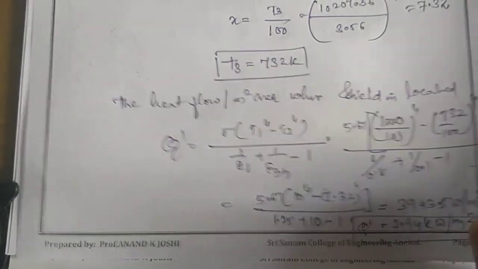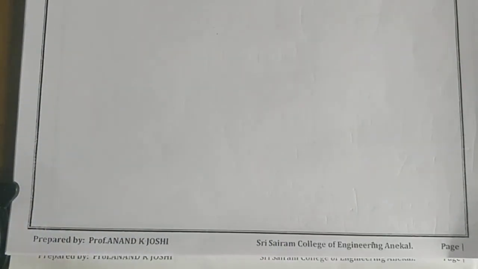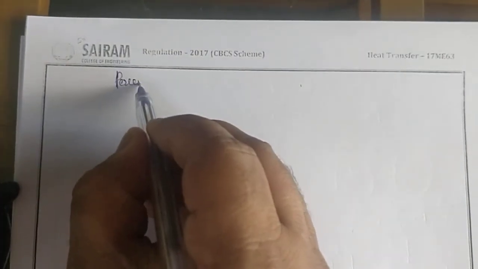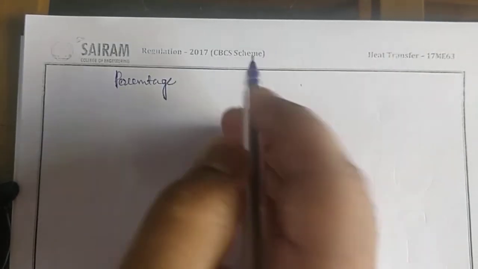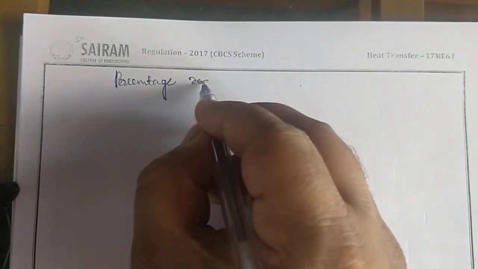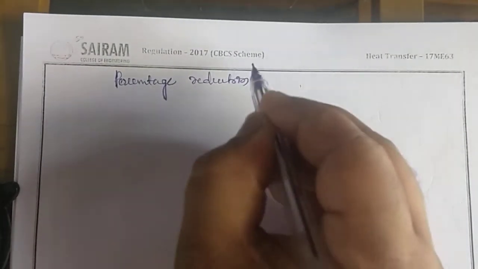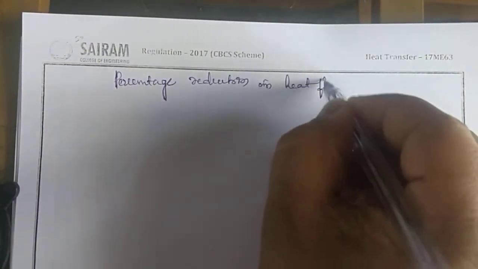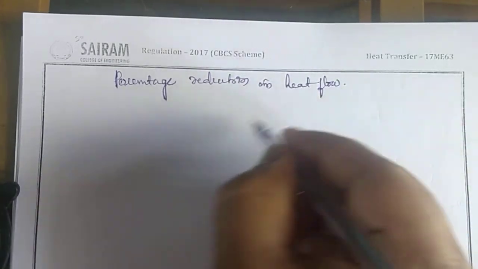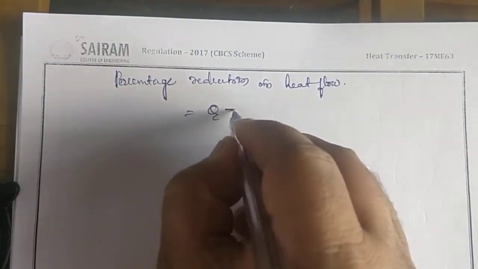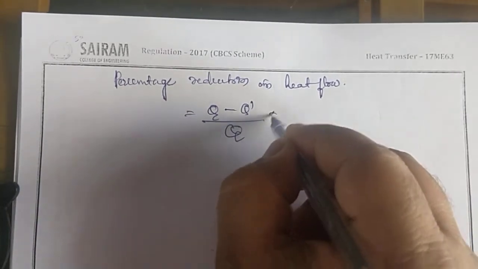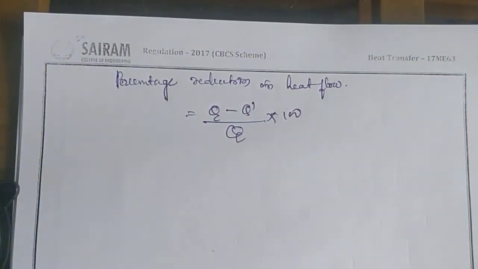Once we have this value, now we have to calculate the percentage reduction in heat flow, that is (Q minus Q dash) divided by Q, into 100.